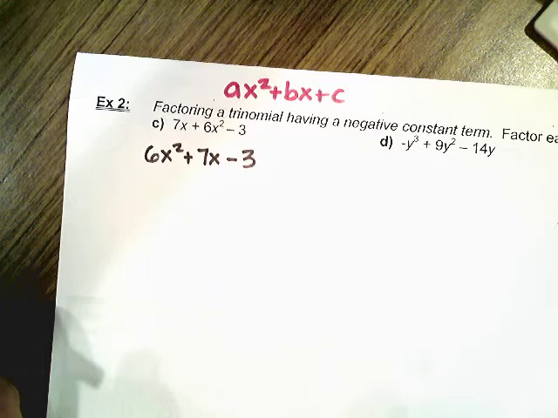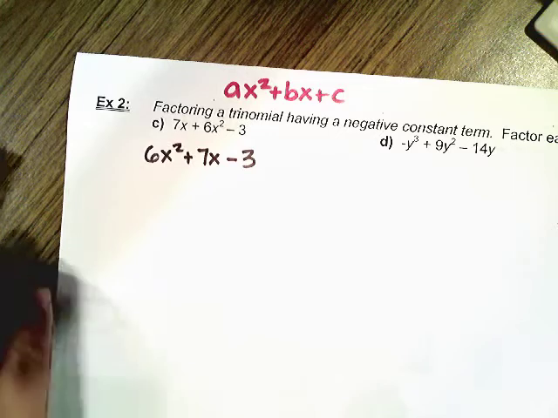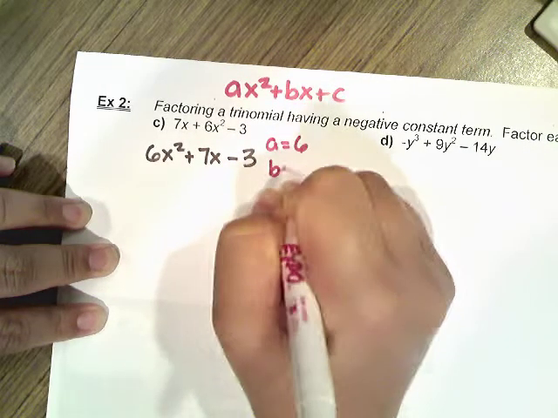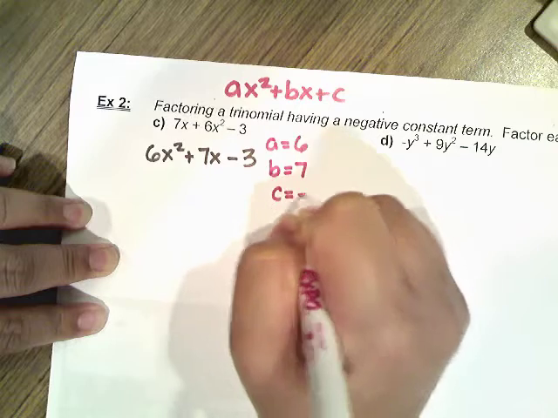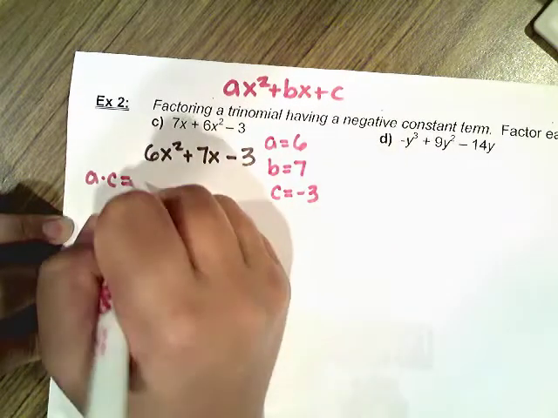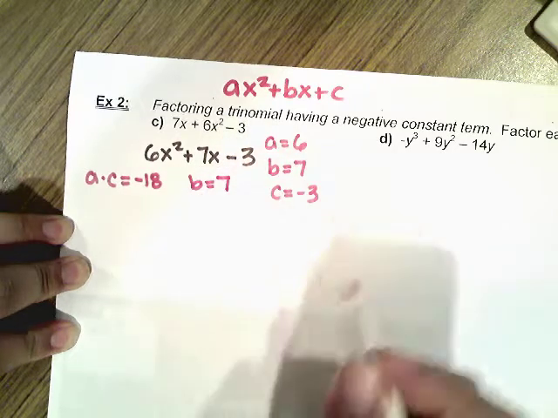What is our GCF? Nothing. We don't have a GCF, so then we move on to identifying our A, B, and C values. A is 6, B is 7, C is -3. We again do A times C, which is -18. We identify B, which is 7.